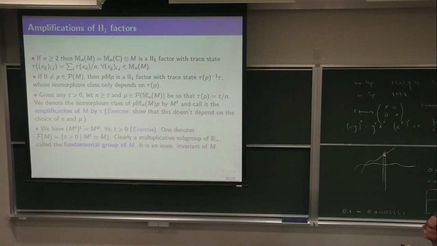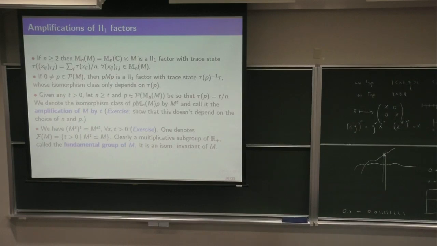Now you show very easily that we made choices here, right? For the n, you can take a bigger n, which will force a projection of different trace, so that you have still this. And you will see immediately, this is the exercise, that it doesn't matter. How do you do that?